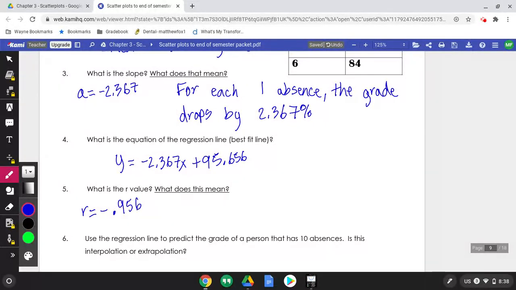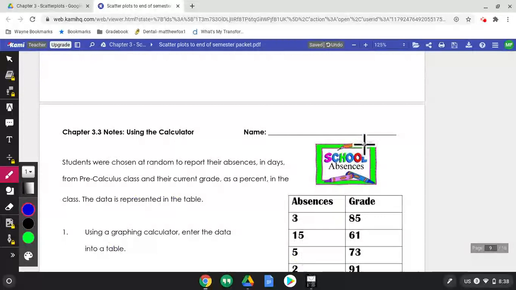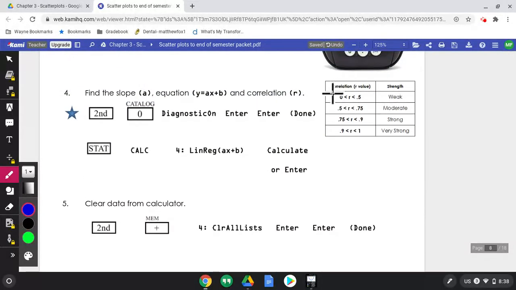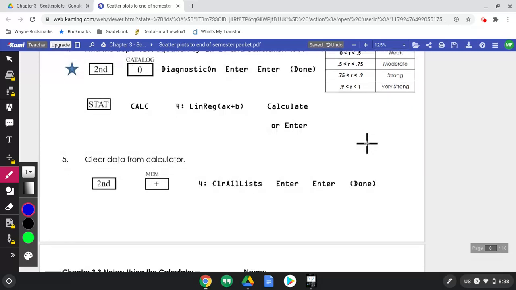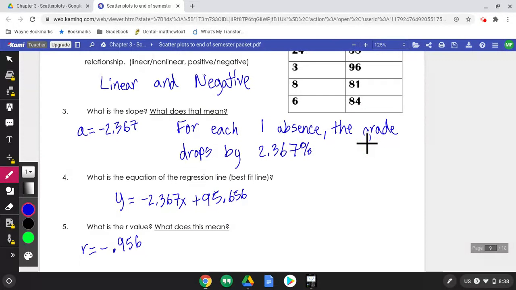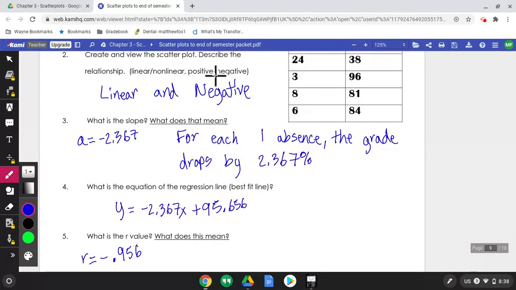And if we look up here at the chart, that's our correlation coefficient. It shows, is there a strong relationship or not? And since it's 0.956, that's in this range. It is a very strong relationship between days missed and your grade going down. So it is very strong and it is negative correlation. Now, if you forgot, we had said it was negative from the start. You can know that based on looking at the graph.